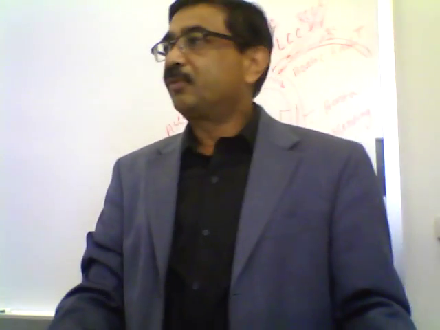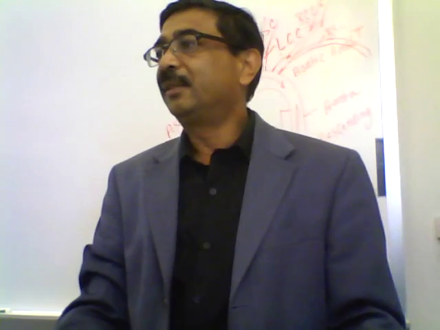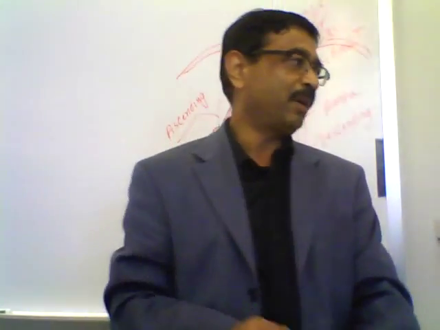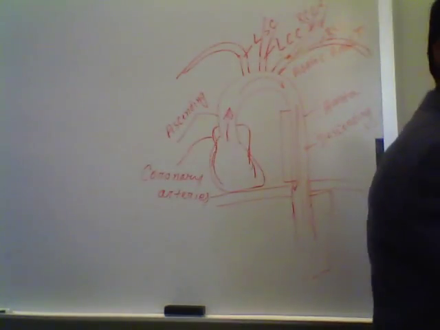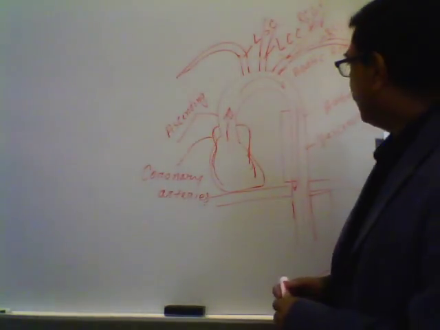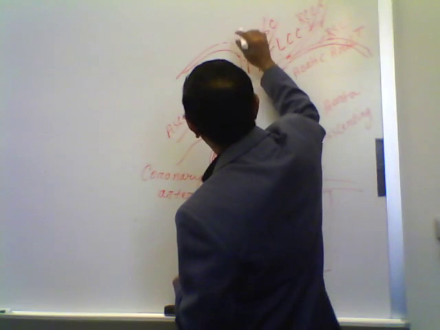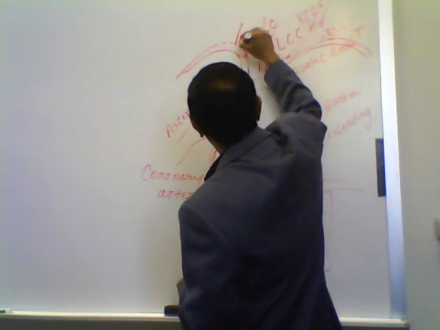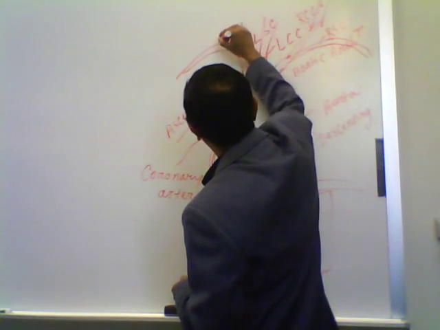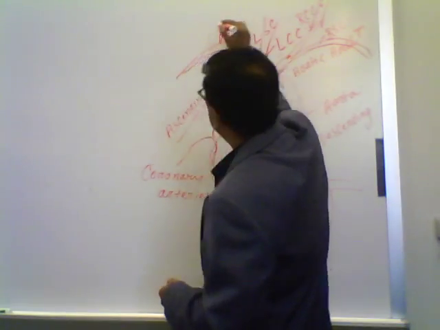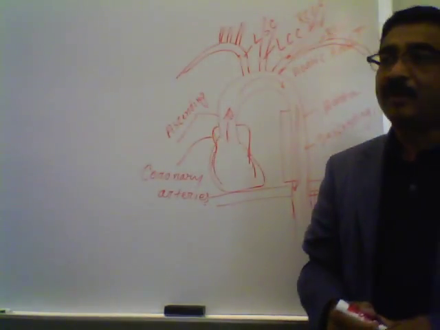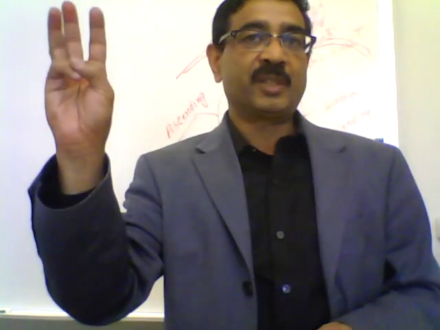Now, subclavian gives three branches. What are those three? 1, 2, 3. Just remember, from subclavian we get three branches.